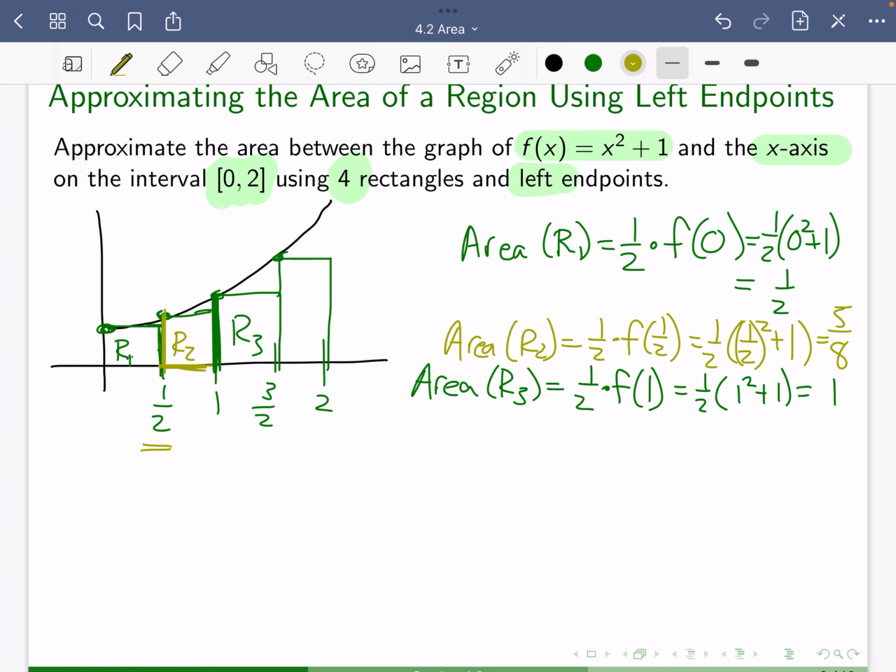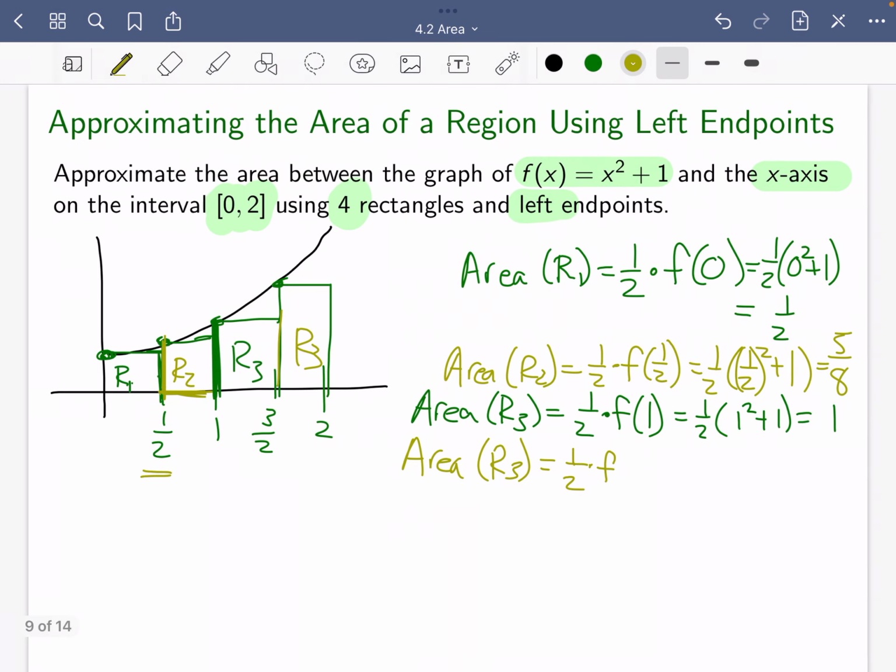And then, for region 4, we have 1/2 as our width. Our height is defined as the function value at 3/2. And if you do that, you'll get 13/8.